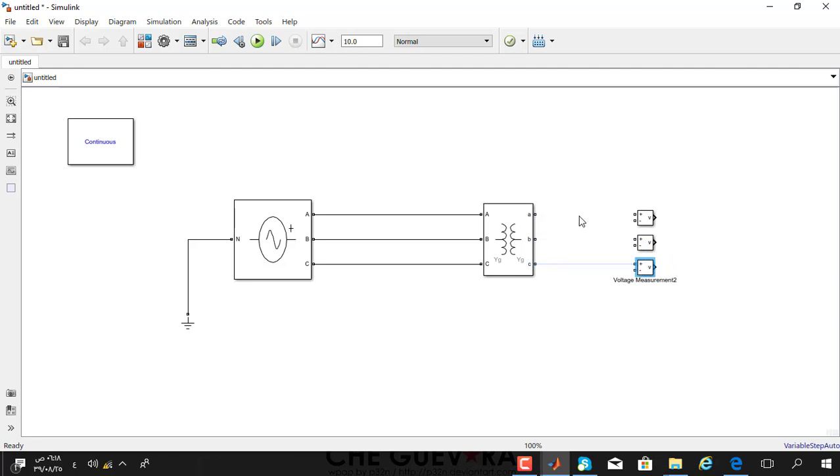Now we connect each voltage measurement with AB and BC and AC. Let's start A with A, the first one A and B, then B and C, the last one is A. Let's make it this way, A and C.